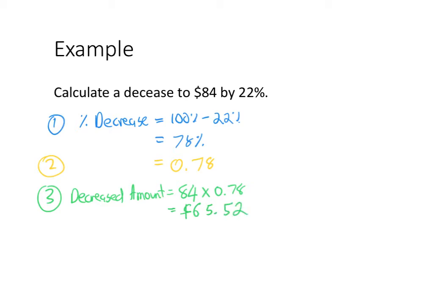So that is an example, by following the 3 steps, of how we can calculate a decrease to an amount. We calculated when we decreased $84 by 22%, we got an answer of $65.52 as our decreased amount. So there are a couple of basic examples of how we can increase and decrease an amount by a given percentage.